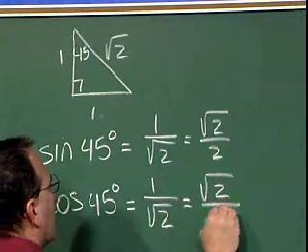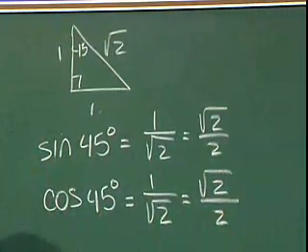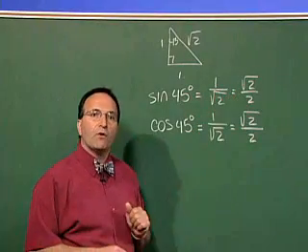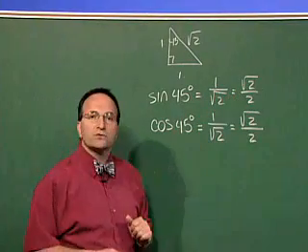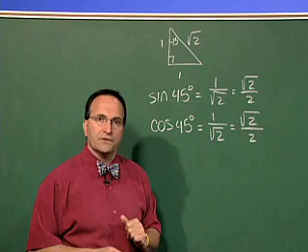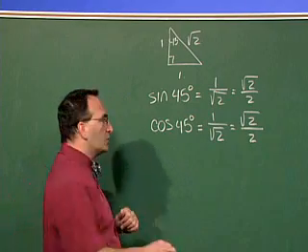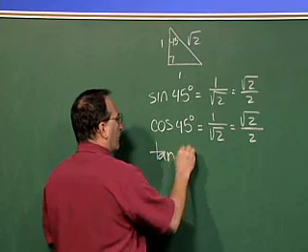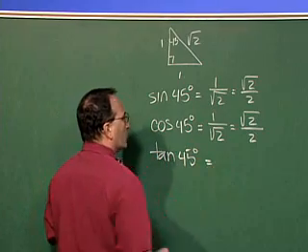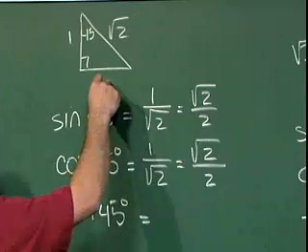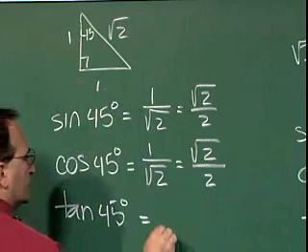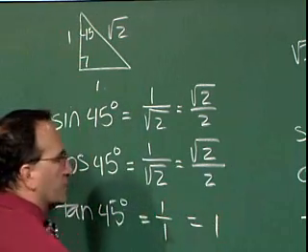Rationalize it, and we get square root of 2 over 2. Yes, in fact, the sine of 45 degrees is equal to the cosine of 45 degrees. They both are the square root of 2 over 2. Let me do one more, the tangent of 45 degrees, which would be the side opposite over the side adjacent, 1 over 1, which is 1.